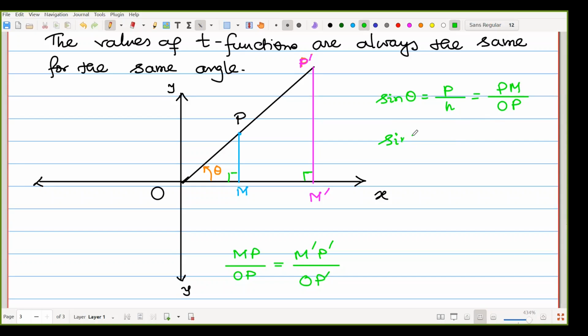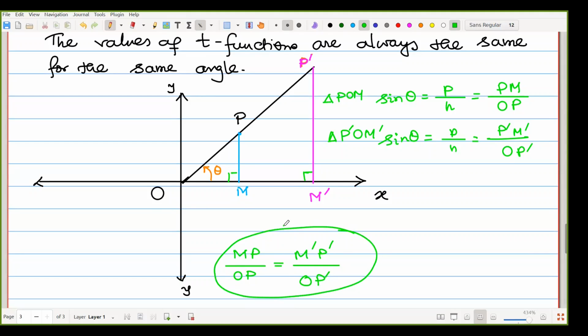Same we have for the triangle P dash OM dash, that is P by H, or P dash M dash divided by OP dash. That has been written here.